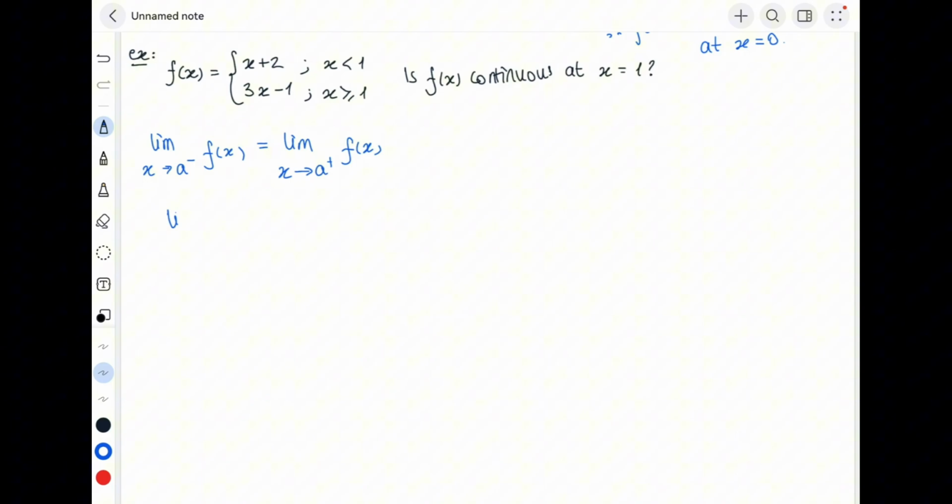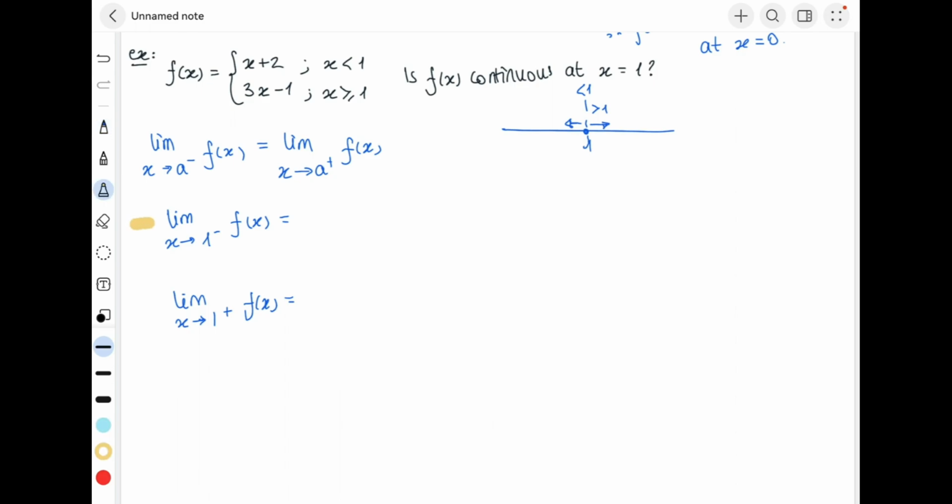So we need to find the limit as x tends to 1 from the left side, and the limit as x tends to 1 from the right side, and we need them to be equal for our function to be continuous. Now, whenever we want 1 minus, it means everything from that side, which means less than 1. And whenever we need a plus, it means greater than 1.